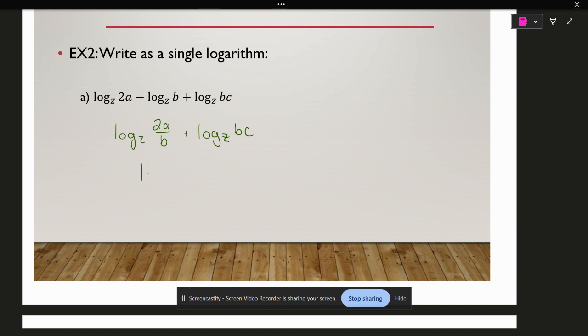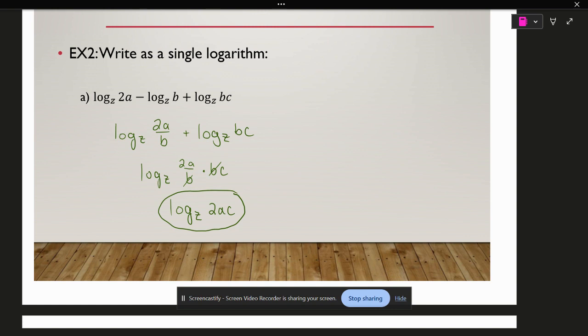Now I've got multiplication, so I've got log base z of 2ab times bc. And if you notice, this bc is in the numerator, our other b is in our denominator, so we can cancel those out. We'll end up with log base z of 2ac.